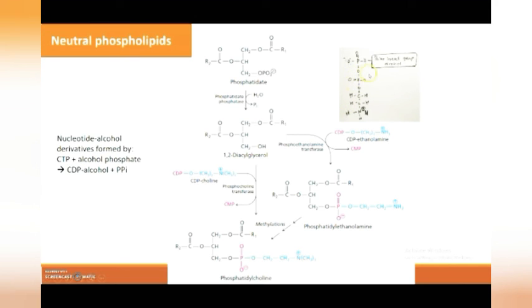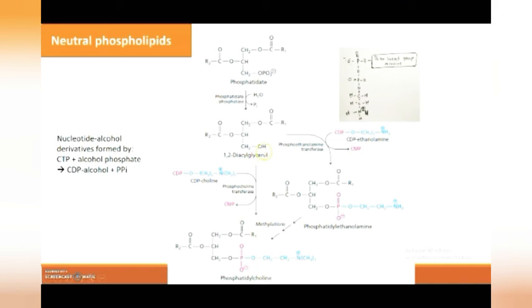P here will cut its bond with the O above because the legs are 6, so CMP will be released. It is helped by phosphocholine transferase. Then the product is phosphatidylcholine.